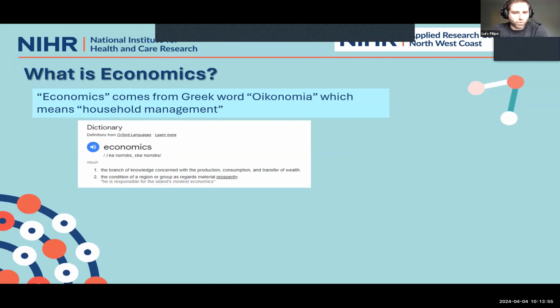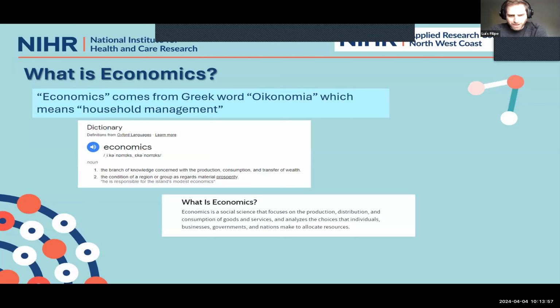So let's try another one in Google. I don't remember where this one is from, but it says that economics is a social science, so very interesting, that focuses on the production, distribution, and consumption of goods and services, and analyzes the choices that individuals, businesses, governments, and nations make to allocate resources.